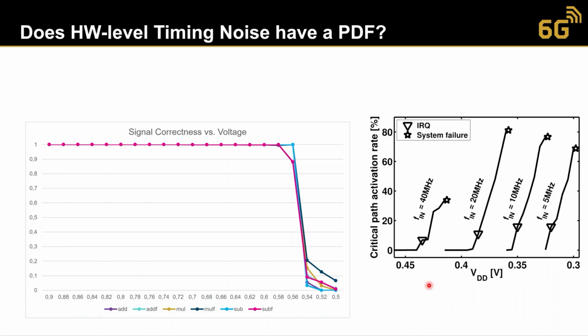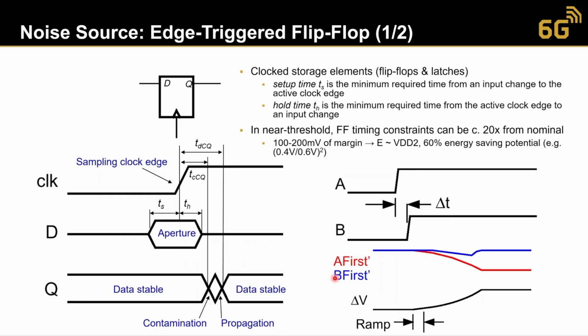And if you are simulating this as noise, it is an interesting question how to give a PDF to such a waterfall type of distribution. The reason for this is, of course, the flip-flop's hold or setup time violation, where the flip-flop becomes more or less metastable and can take an infinite amount of time to decide on its output. So you do get the errors.